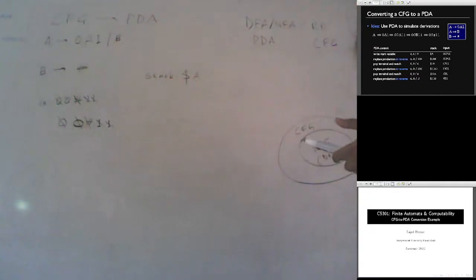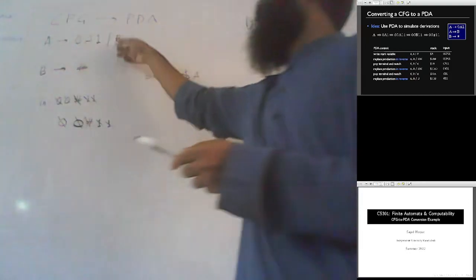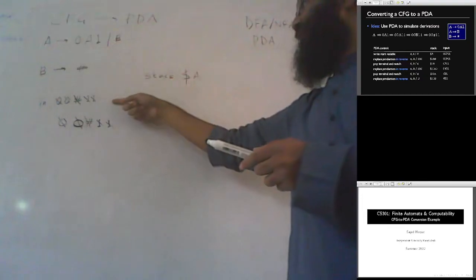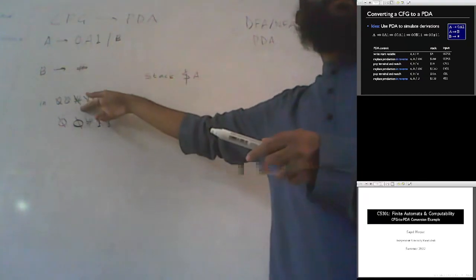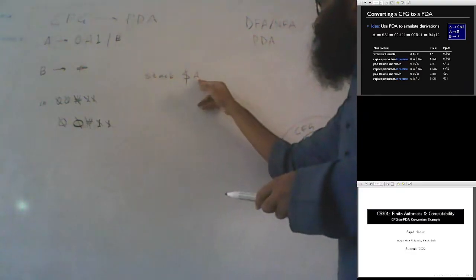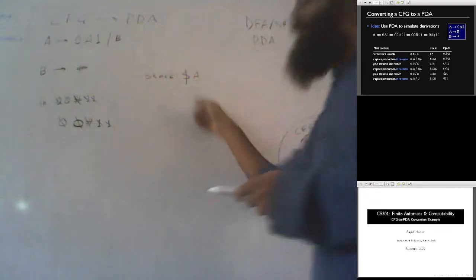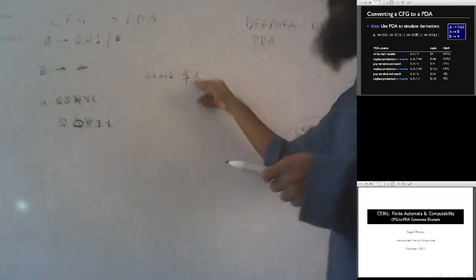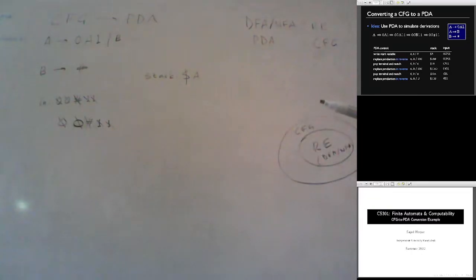So we need to perform a production rule on A. Now, what can we produce from A? From A, we can produce either 0A1 or B. Using this example, we actually want to produce 0A1 first. What we do is, if we see a variable, we take out that A and we replace it with one of its production rules into the stack.